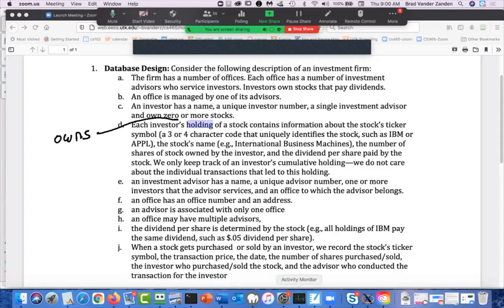Now, I'm not a stickler for you showing me this in the ER diagrams. I don't need to see the attributes.